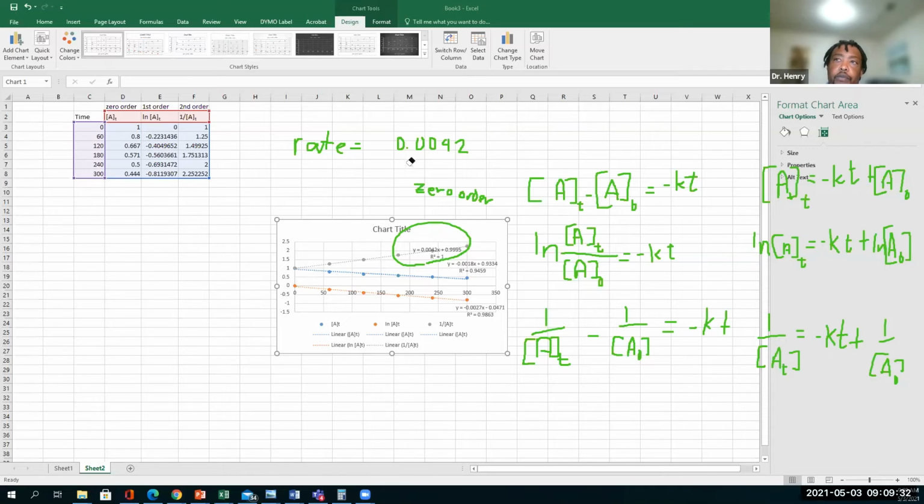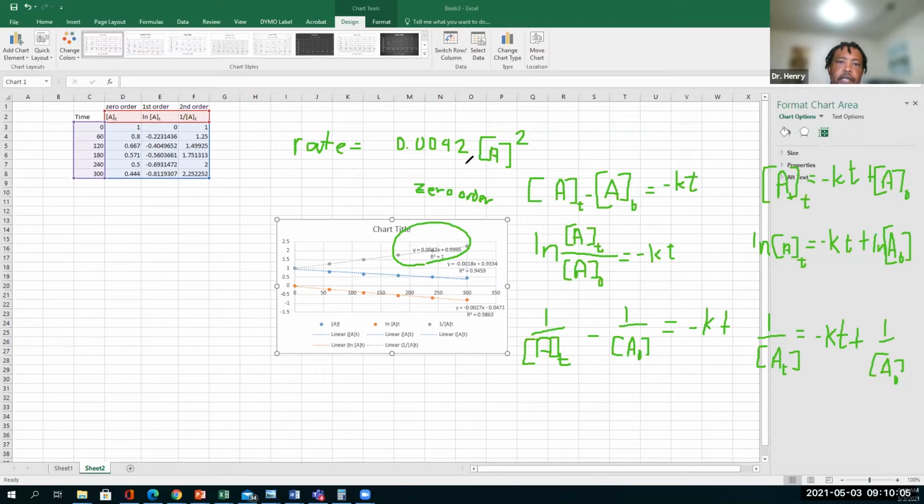So the rate is going to be 0.0042, and our initial concentration is essentially 1. So this is going to be our K. And then we're saying that the concentration of, in this case, A, is going to be squared, right?